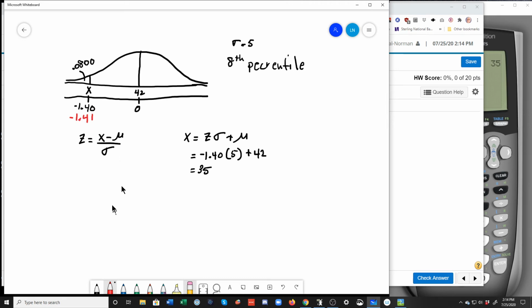Sometimes you have to try it, see if it works, and then try something else. That's why I give you multiple chances to put in the homework. So x is going to be negative 1.41 times 5 plus 42. Let's see what that gives us.